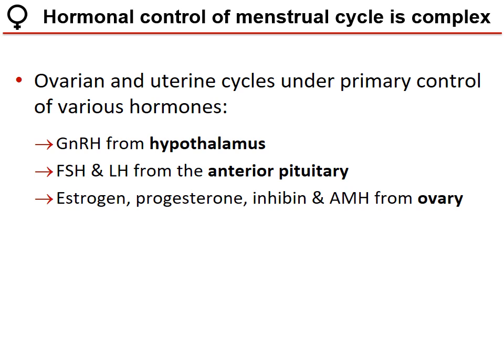So there's gonadotropin releasing hormone from the hypothalamus, and the gonadotropins are released upon stimulation from the gonadotropin releasing hormone. From the anterior pituitary, the gonadotropins are released, and then from the ovary, there's release of estrogen, progesterone, inhibin, and anti-Müllerian hormone. But in the following slides, we'll have a look at the interplay between these different hormones and the effect on the menstrual cycle.